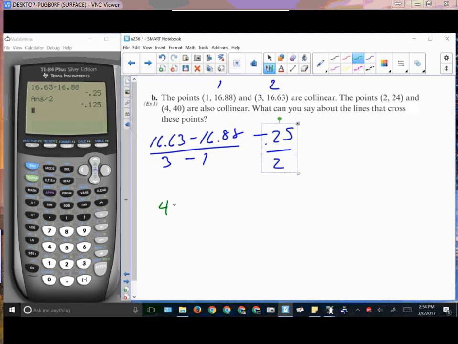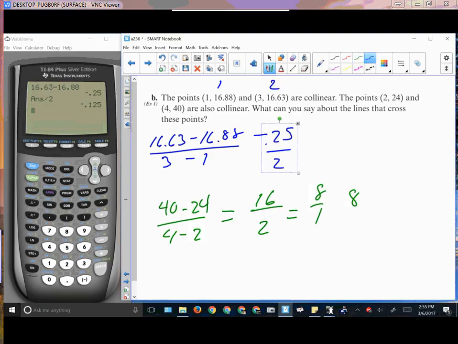So that one is going to be 40 minus 24 over 4 minus 2. Well, this turns out to be what? Let's see. What's 40 minus 24? Well, that's 16, yes? Divided by 2, so that's got to be 8 over 1. Okay, so I got 8.